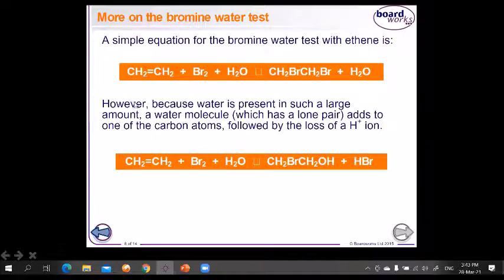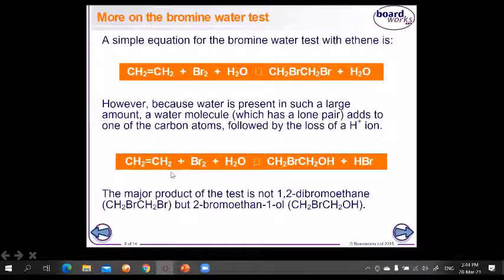But because water is present in such a large amount, a water molecule that has a lone pair can add to one of the carbon atoms, followed by the loss of a hydrogen ion. So this could happen as well. You end up with an OH attached instead, from the water, because there's so much water to begin with, forming an alcohol here. That is very possible as well.